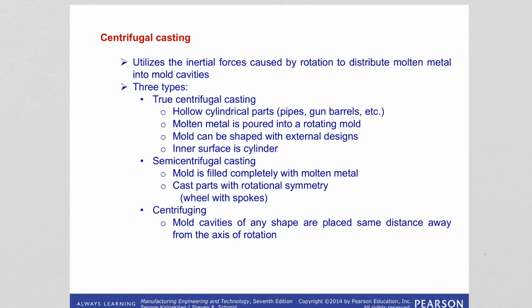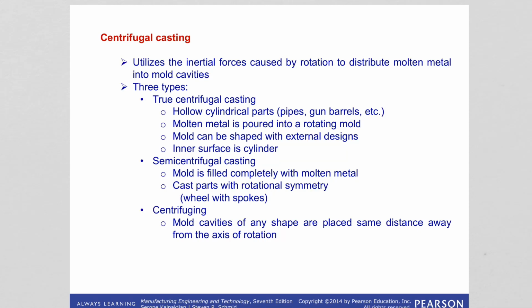So in semi-centrifugal casting, again the centrifugal force is used to produce this time a solid casting rather than a tubular casting. The method is used to cast parts with rotational symmetry, such as a wheel with spokes.